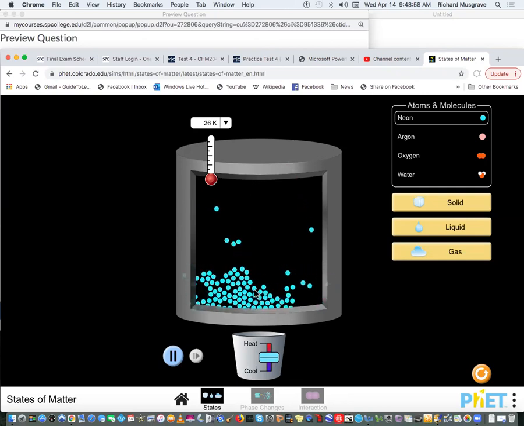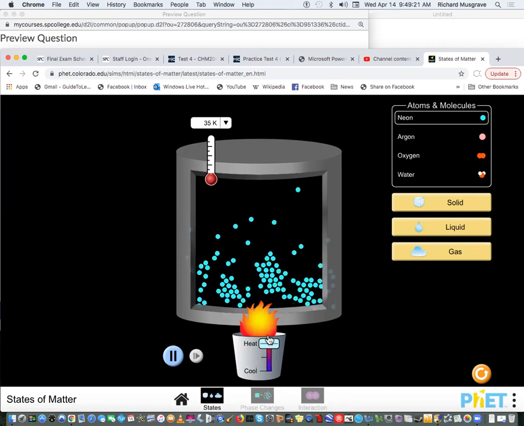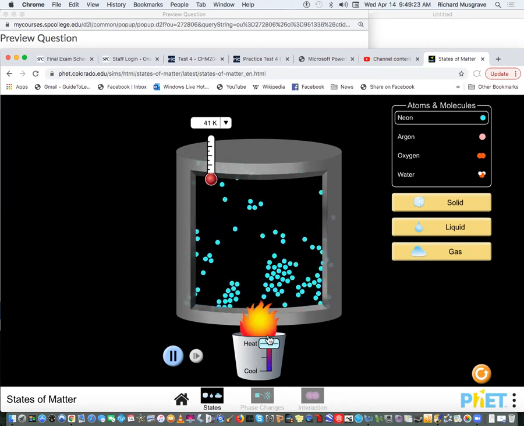You'll notice there are some in the gas phase, I will admit, but most of them are in the liquid phase, which means they're kind of touching, or at least possibly touching. And that would mean that they're liquid. So now I'm going to heat this right up. We'll see what happens. Okay, now look what happens.